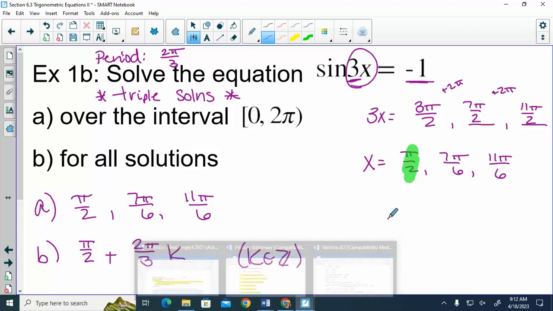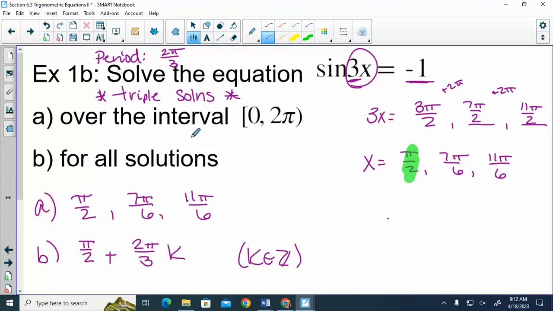Grab a calculator real quick. I want to show you something. So if we add this, I want you to do what's 1/2 plus 2/3. Okay, so that's why I didn't have to list this one.